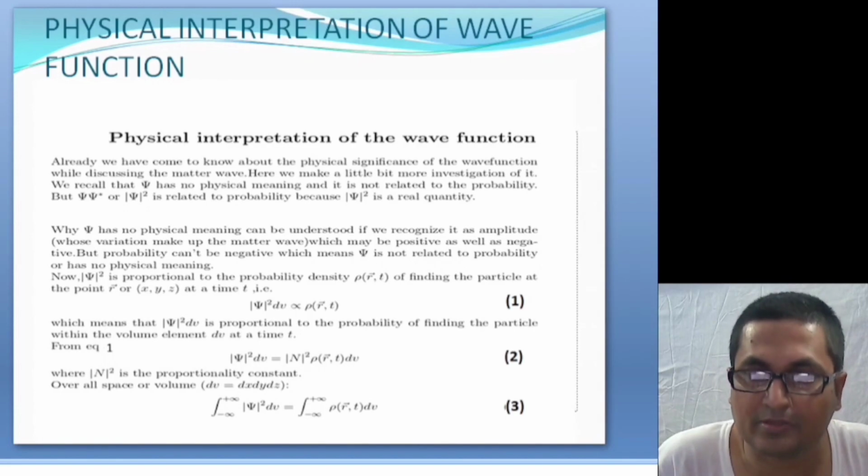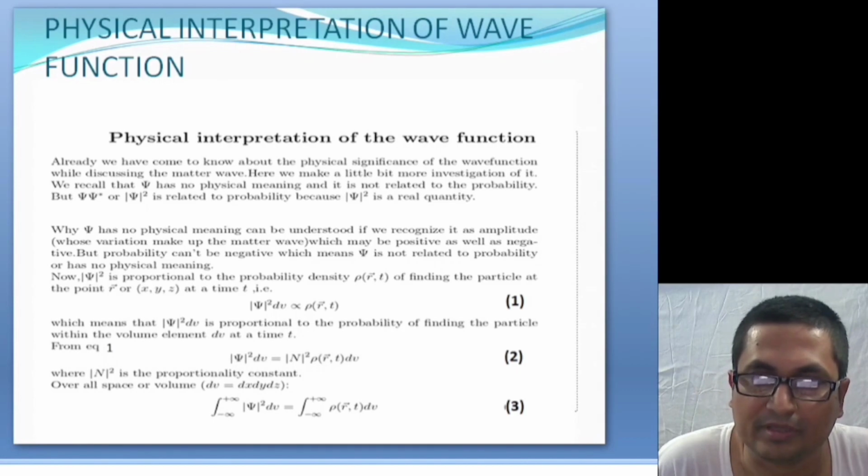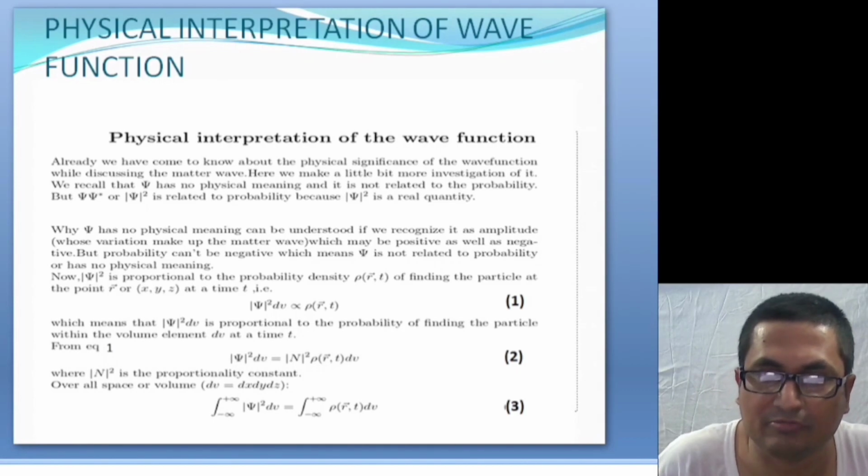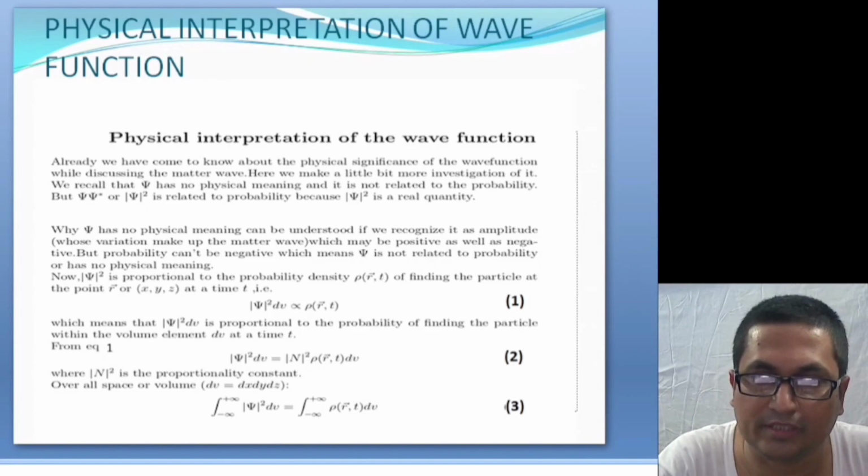To be more precise, as in the last video, where we said that a matter wave is a wave of probability, the wave function is related to probability. To understand it, we started with equation 1, where we saw that |psi|^2 dV is proportional to rho, the probability density.